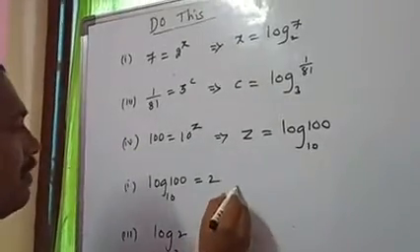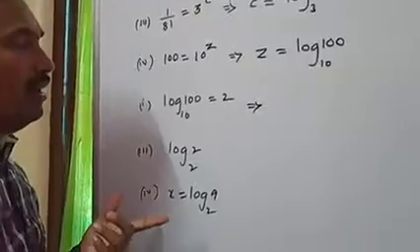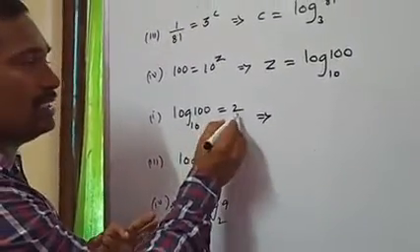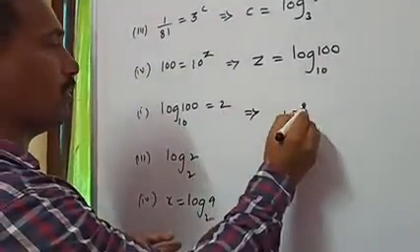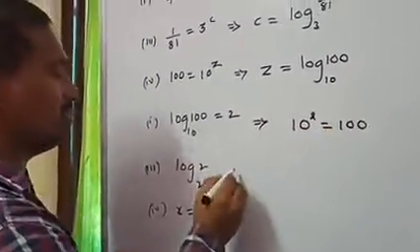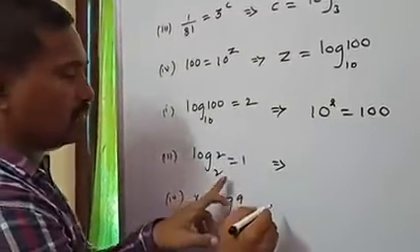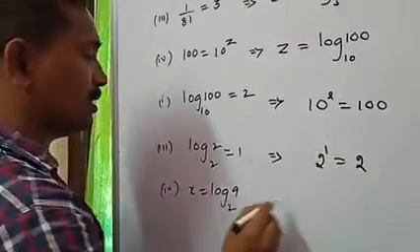So in these problems, write these logarithms in exponential form. So reverse: exponential form means this is the base, this is the exponent. So 10 power 2 equal 100. Here the base is 2, the exponent is 1. 2 power 1 equal to 2.